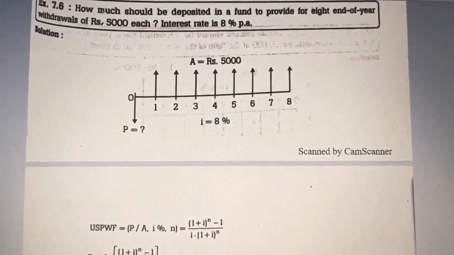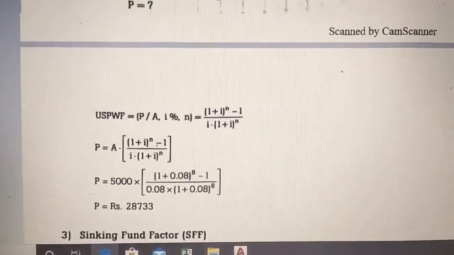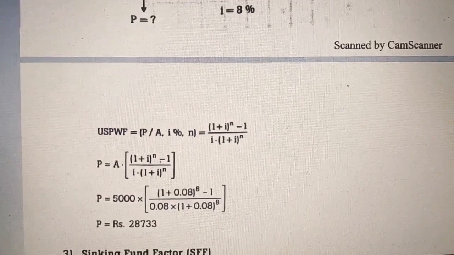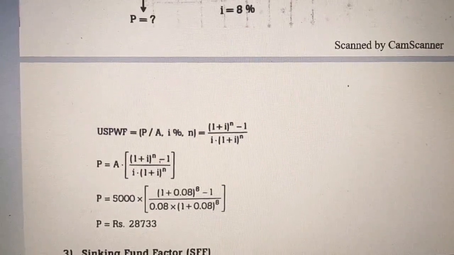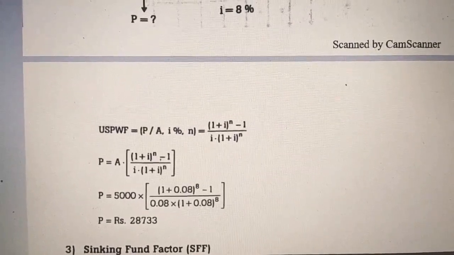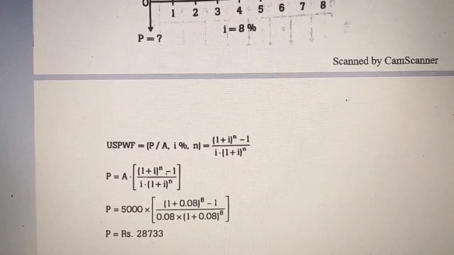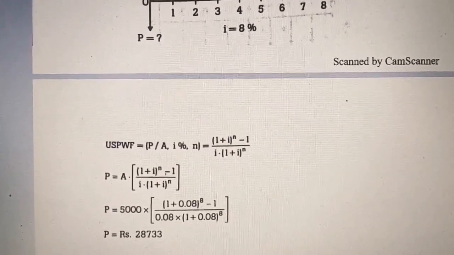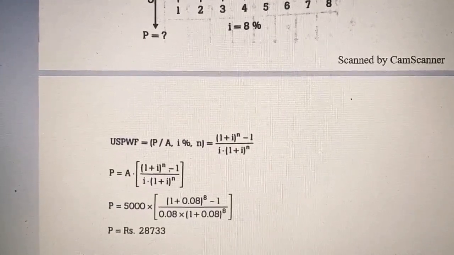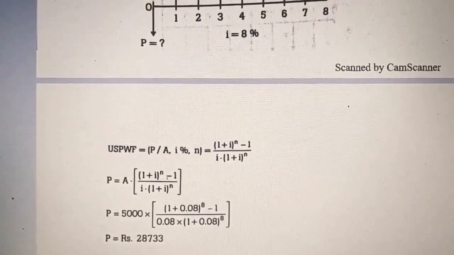Now to calculate this number, again we have a standard formula, which is as follows. P is equal to A into (1 plus i) raised to n minus 1, divided by i into (1 plus i) raised to n. Here again all the parameters are known to us. One is i, that is nothing but the rate of interest, 8%, which has to be substituted as 0.08, because we are not supposed to substitute the value directly in terms of percentage.